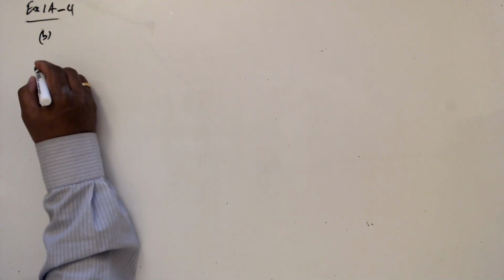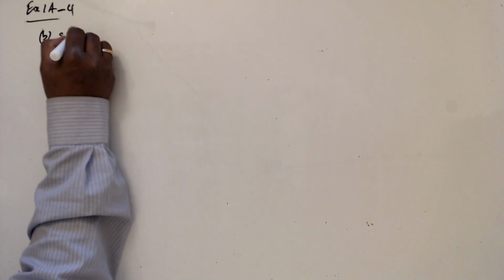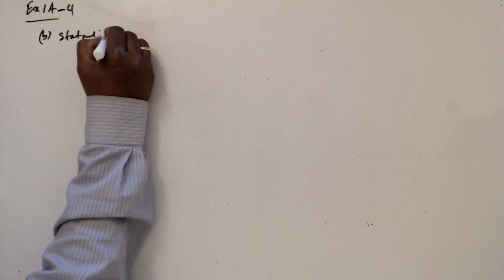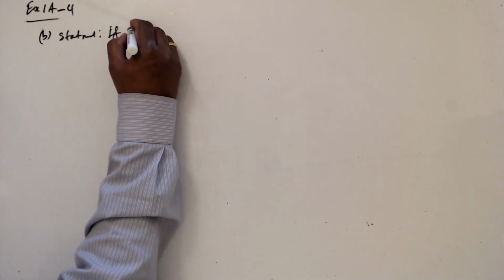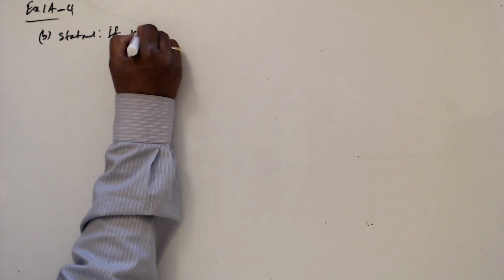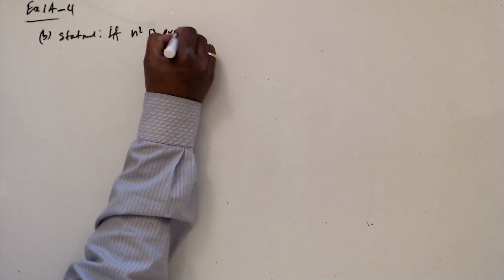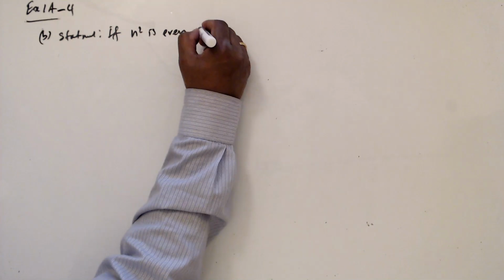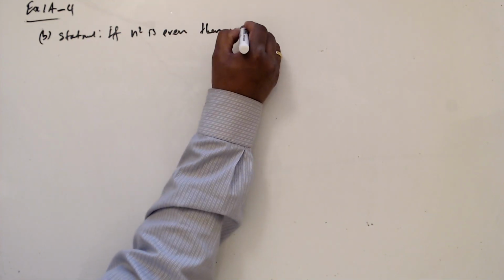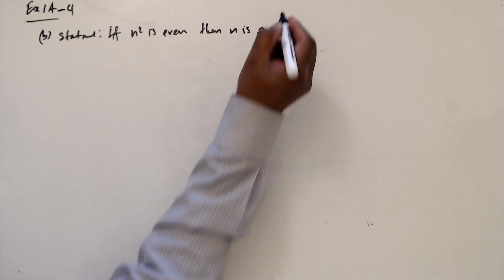Part B. If n cube is even, then n is even. So this is the statement: if n cube is even, then n is even.